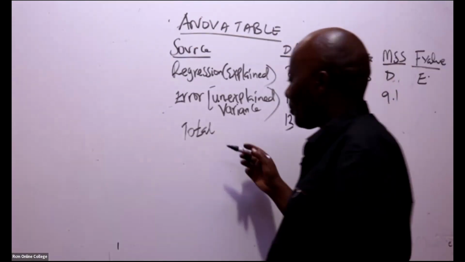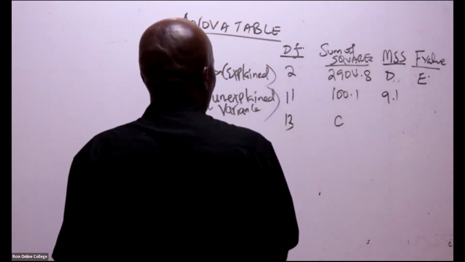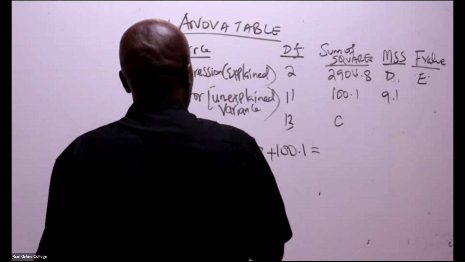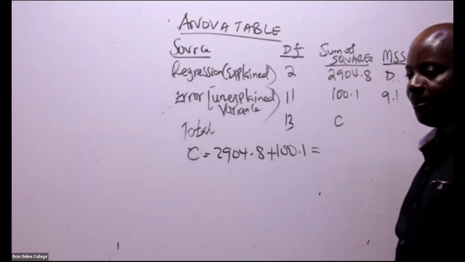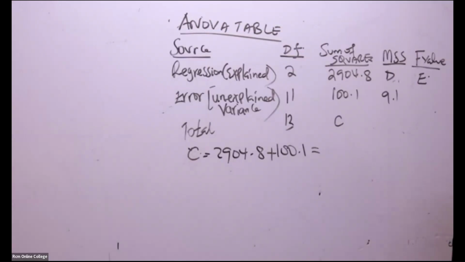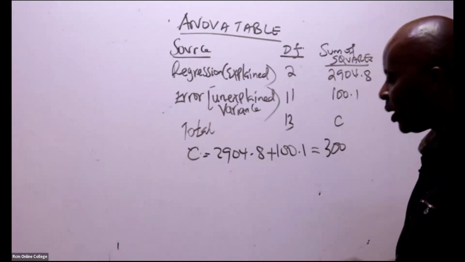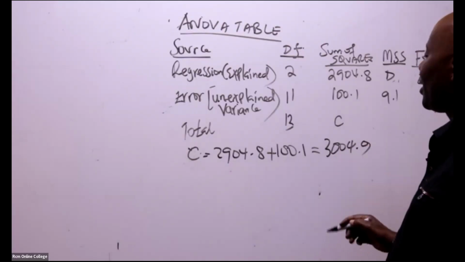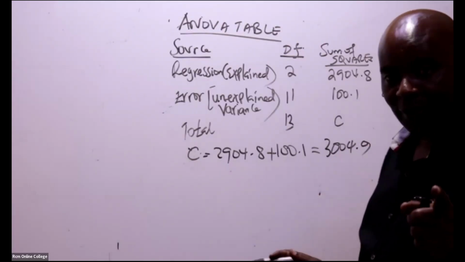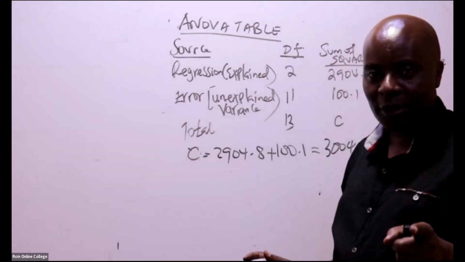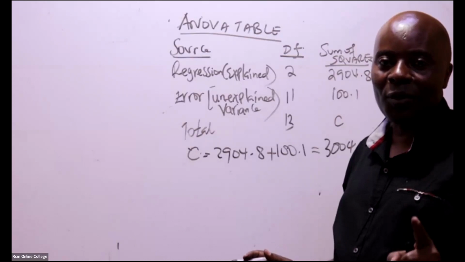So C, sorry, not D but C, is 3005.0... I'm waiting to get a number from you. Thank you so much. Now you are the ones giving me these answers. Last semester you were not able to get those answers, but don't worry. You'll be able to get the next one right.